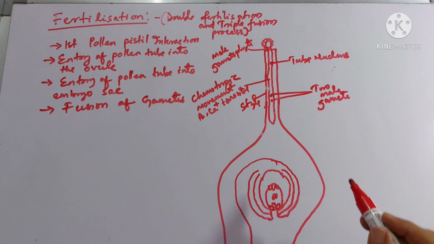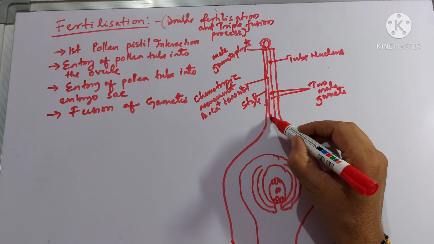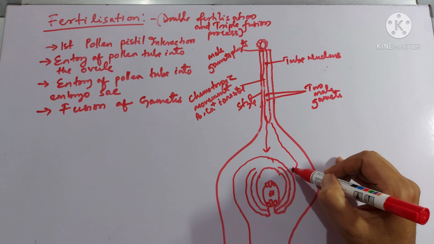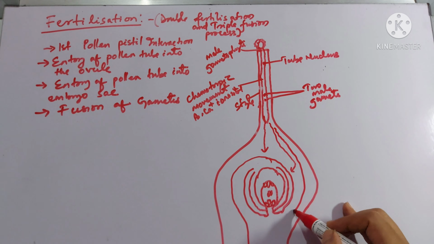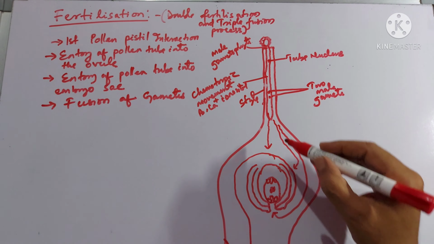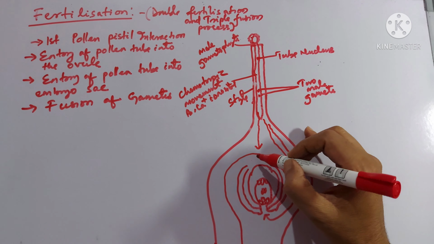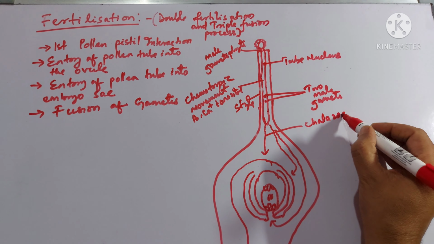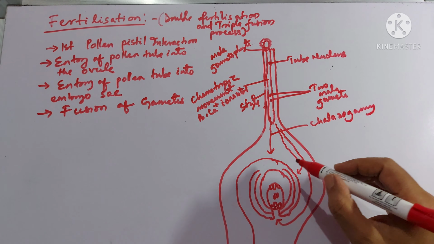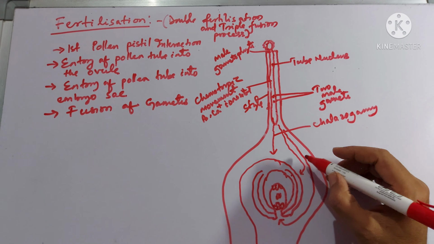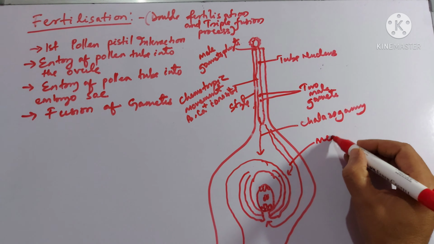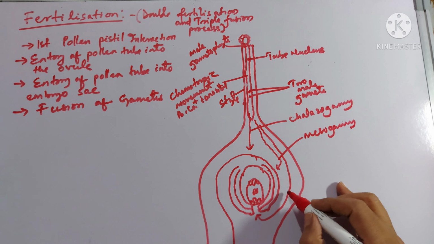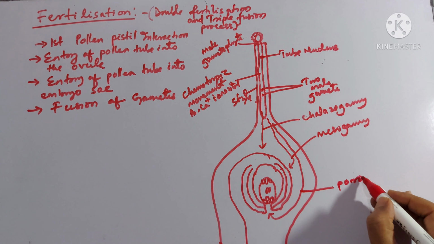Next step is entry of pollen tube into the ovule. The pollen tube may enter through the micropylar end, or through the chalazal end, which is called chalazogamy. When it enters through the integuments, this is called mesogamy. When it enters through the micropyle, it is called porogamy.